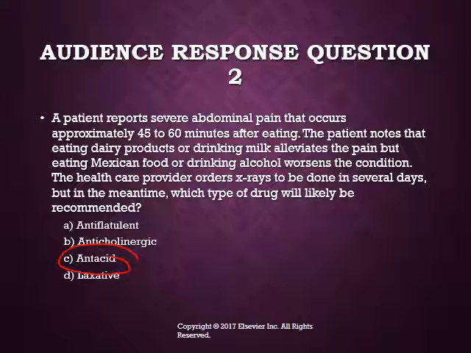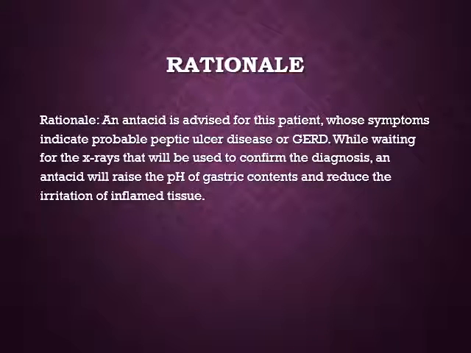Think about spicy foods. Alcohol is causing an increase in pain. So we know that this is probably related to either peptic ulcer disease or gastroesophageal reflux. So an antacid is advised for this patient whose symptoms indicate probable peptic ulcer disease or GERD.